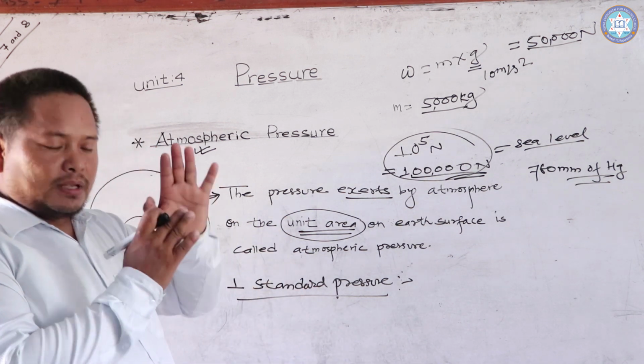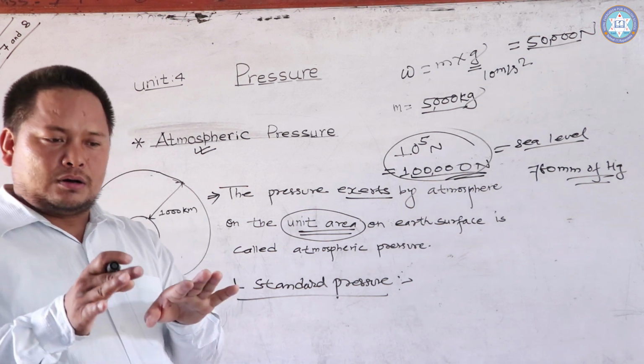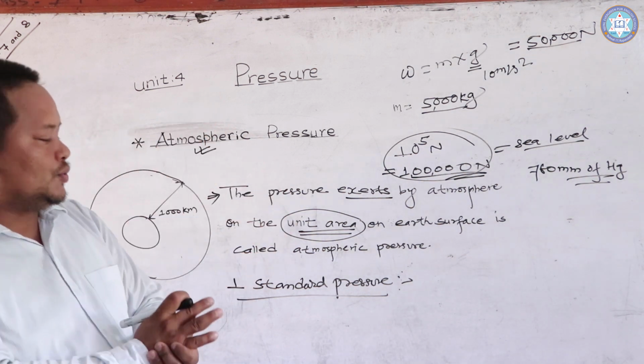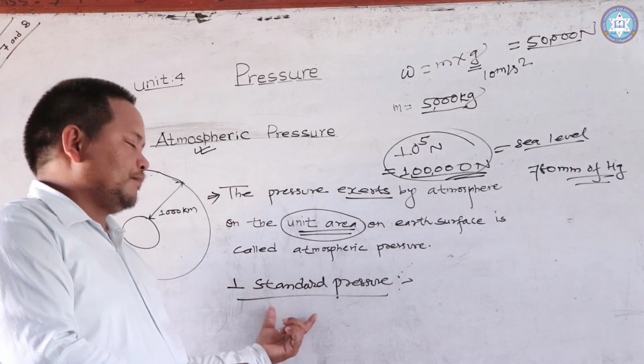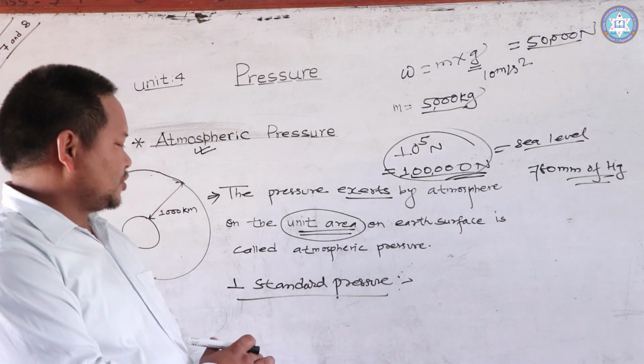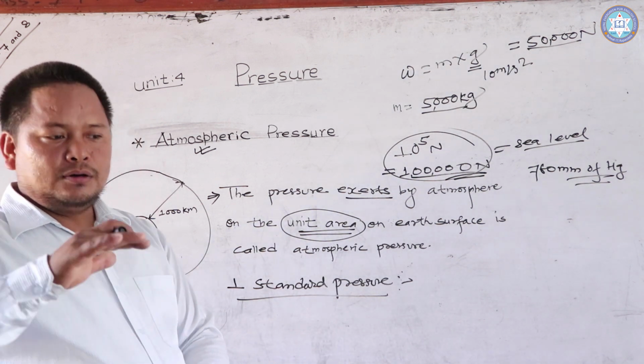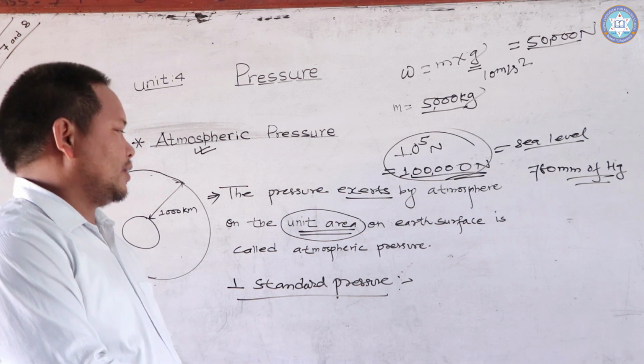when the altitude differs, or when we move to high altitude, then this atmospheric pressure goes on decreasing in order.